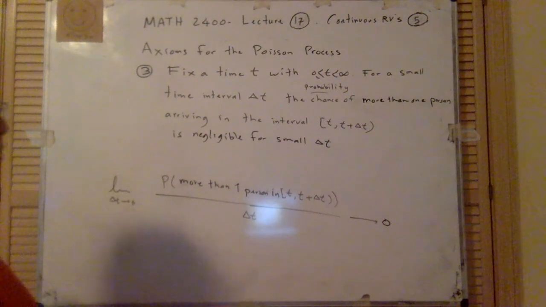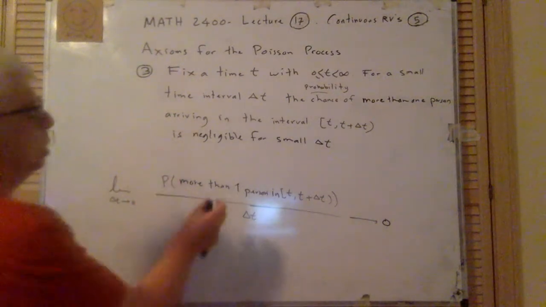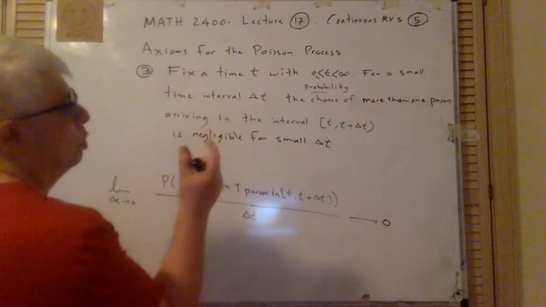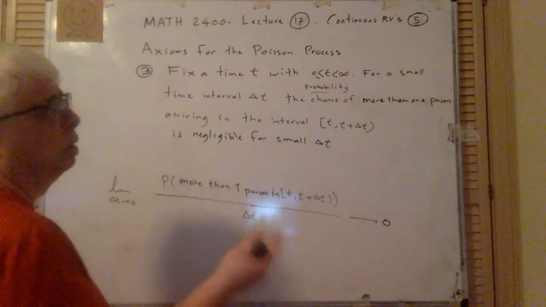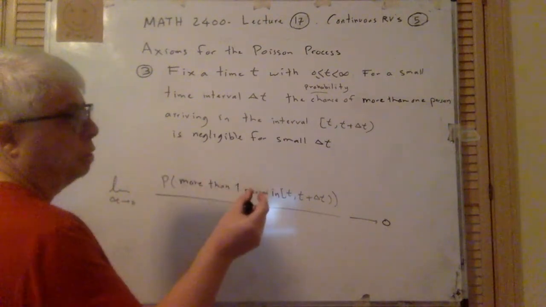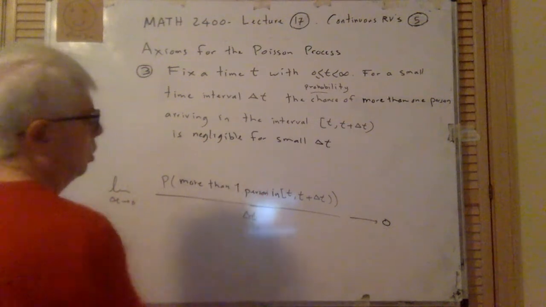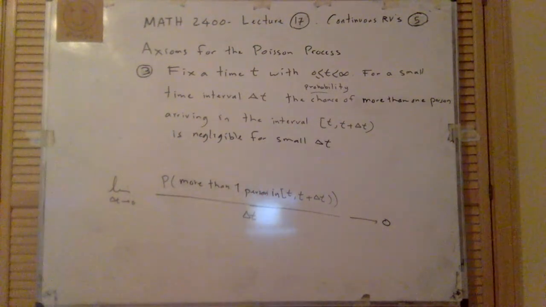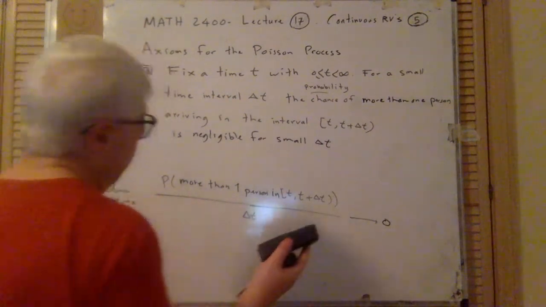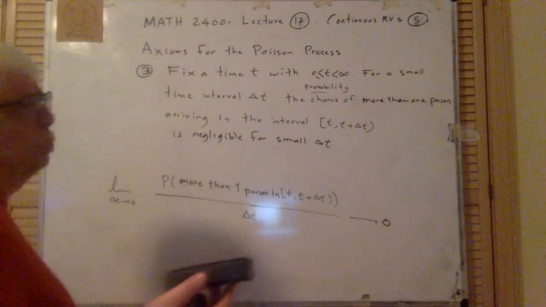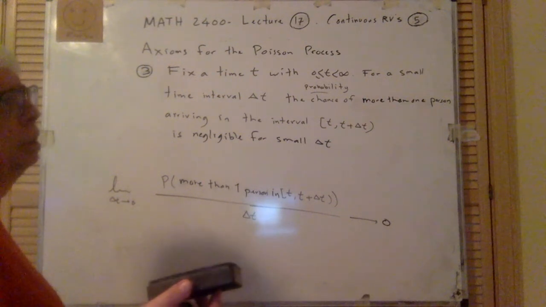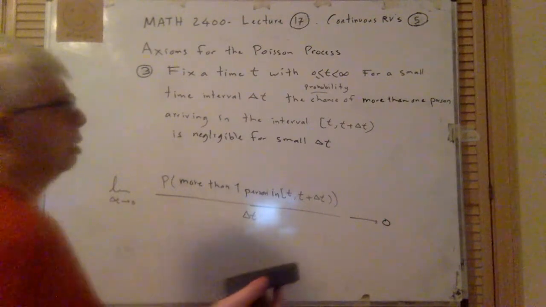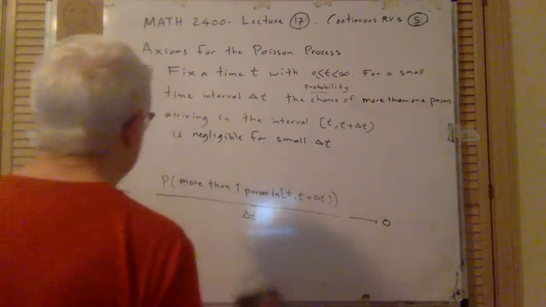So I said that we can choose this delta t so small that we can assume at most just 1% will arrive in that small time interval, right? So not more than 1. I cannot think of a process where, when the time interval gets smaller and smaller, there might still be more than one thing happening. But, well, anyway.